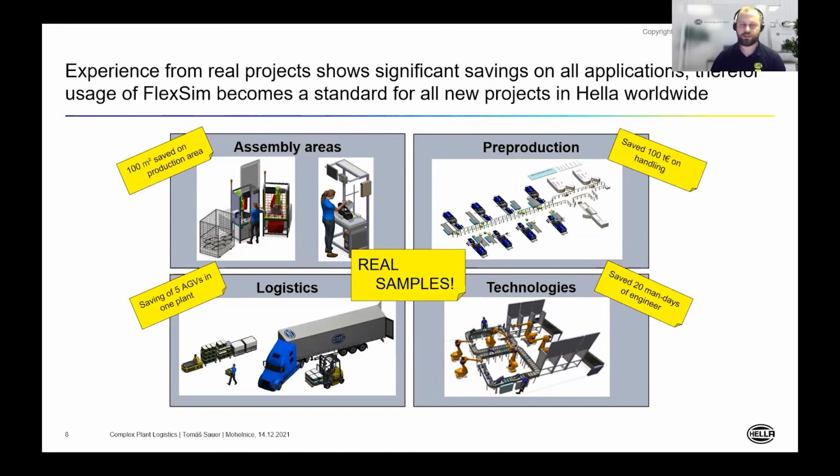One of the use cases showed us that the simulation with our methods, which are efficient and quite quick, can save up to 20 man-days for our engineers, who are of course quite expensive to work on projects. So it saves money for our company from different perspectives.